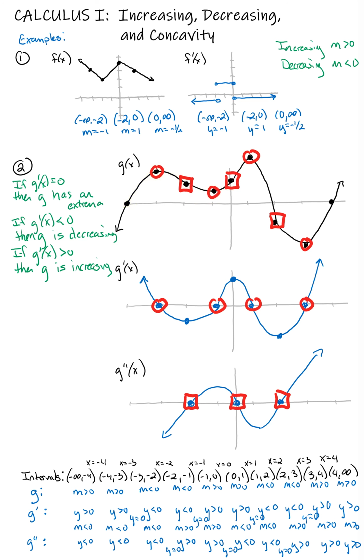So again, concave down here, concave up here. So what happens when the second derivative is equal to 0 is it changes concavity. We actually call that a point of inflection. So if G double prime of x is equal to 0, then G has what's called a point of inflection.